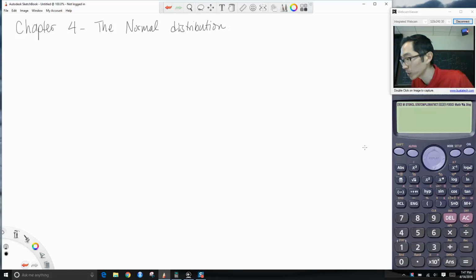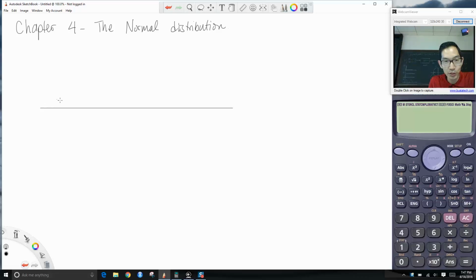The normal distribution here, okay? The normal distribution basically describes a random variable, okay? So some random variables follow the normal distribution.